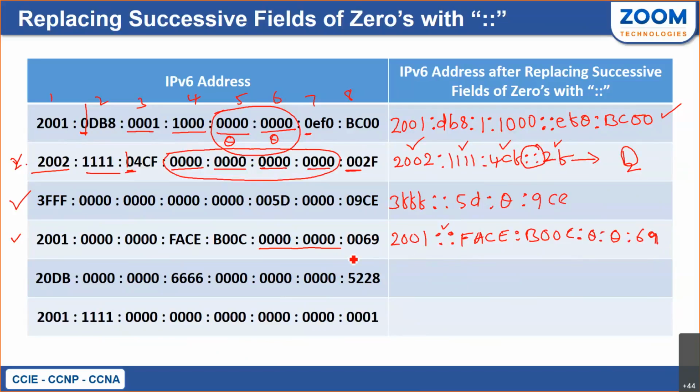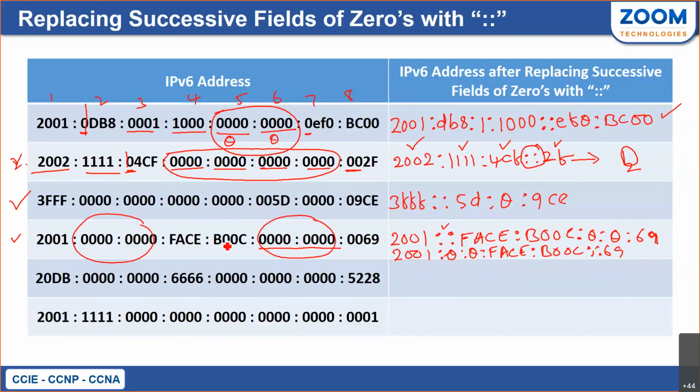Yes, you can write like this also. 2001 colon 0 colon 0 colon FACE colon B0C double colon 69 you can use also. Both are the same, both are valid. You can replace here also, or you can replace here also, but only once.